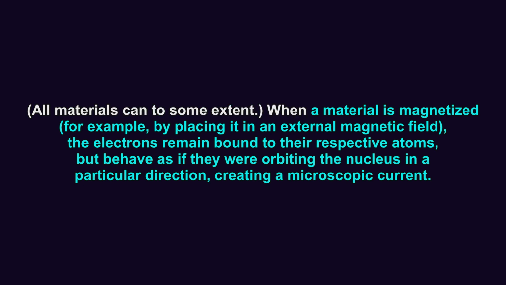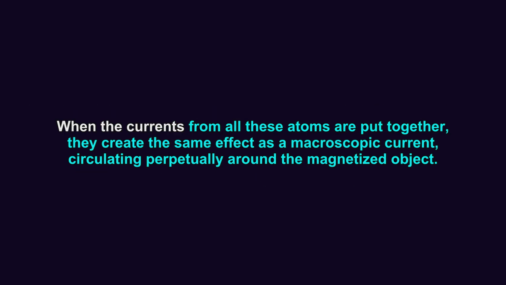When a material is magnetized, for example by placing it in an external magnetic field, the electrons remain bound to their respective atoms, but behave as if they were orbiting the nucleus in a particular direction, creating a microscopic current. When the currents from all these atoms are put together, they create the same effect as a macroscopic current, circulating perpetually around the magnetized object.